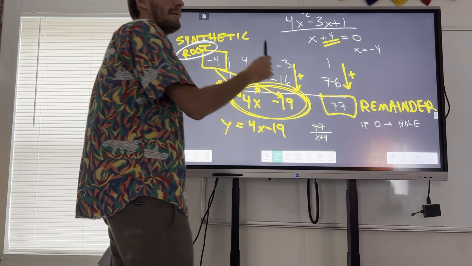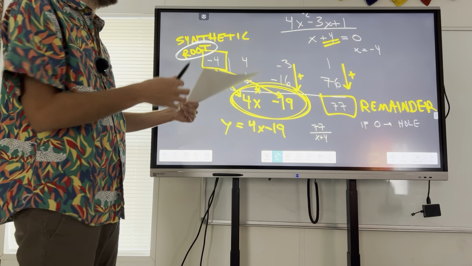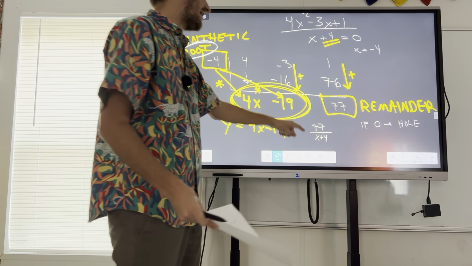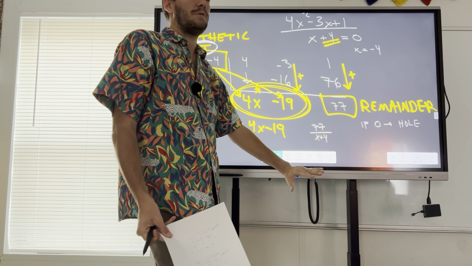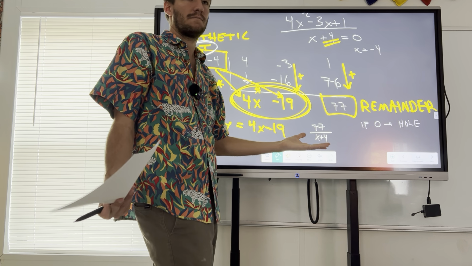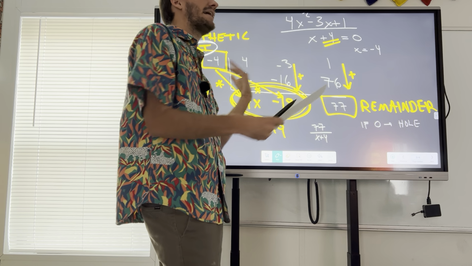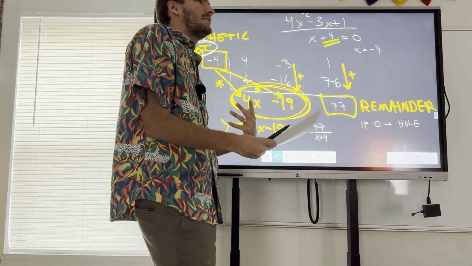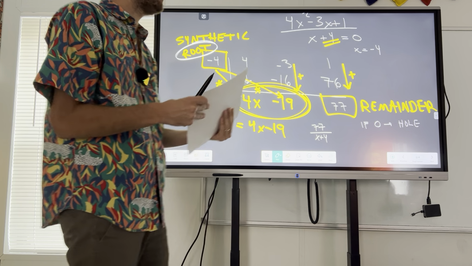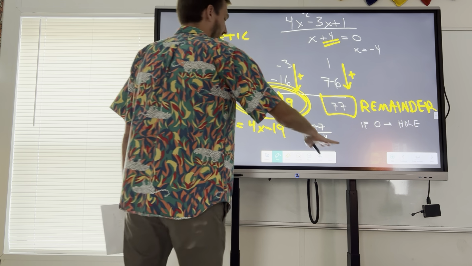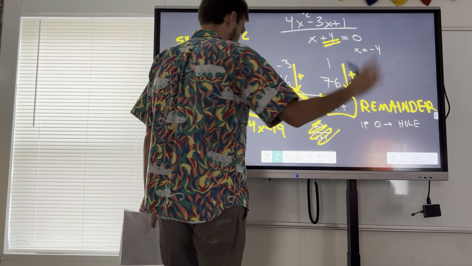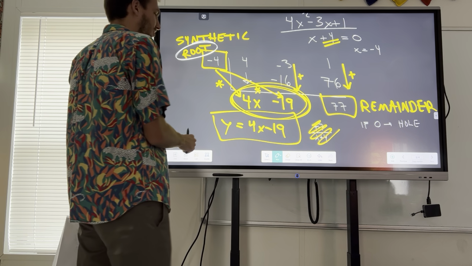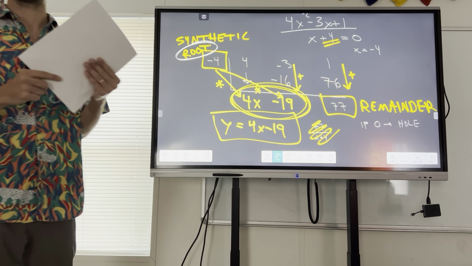Because that bottom has an x, that bottom could change. If that bottom became 10 million, 77 divided by 10 million would be basically nothing. 77 divided by negative 10 million would also be nothing. So because this bottom can grow and shrink, we just don't care about this fraction. So there you go. There's your slant asymptote, your oblique asymptote.